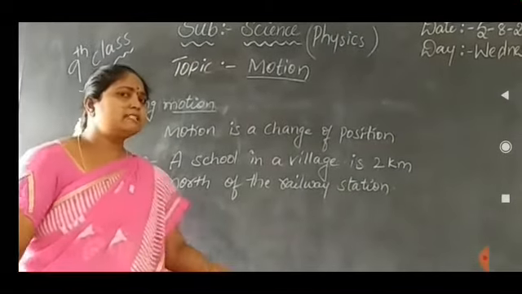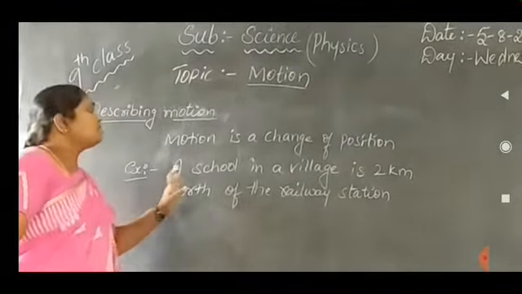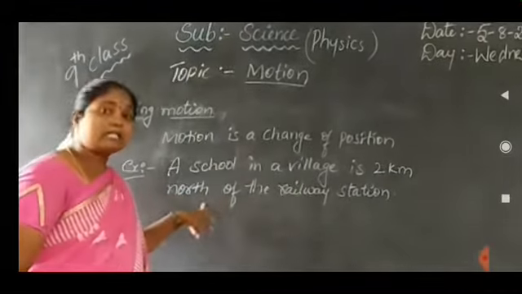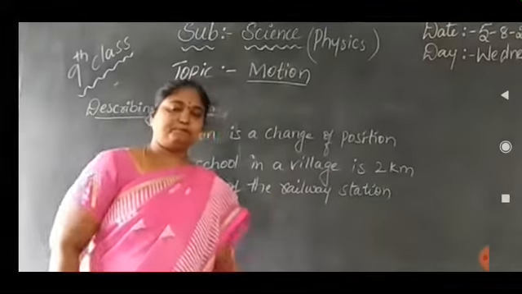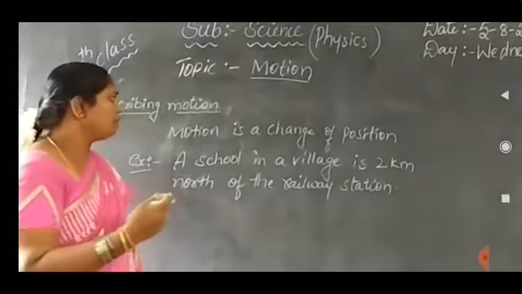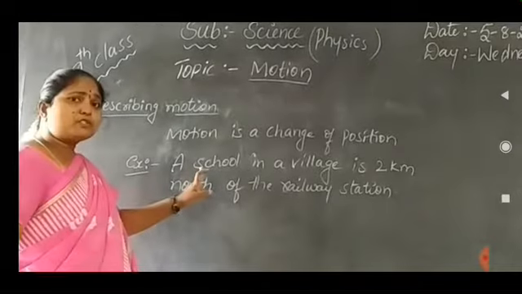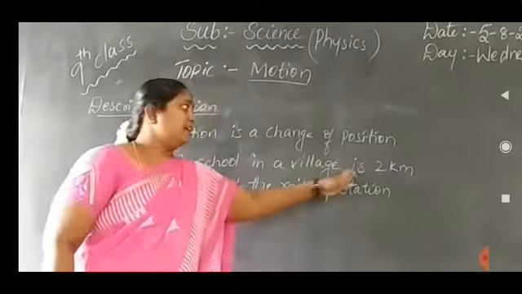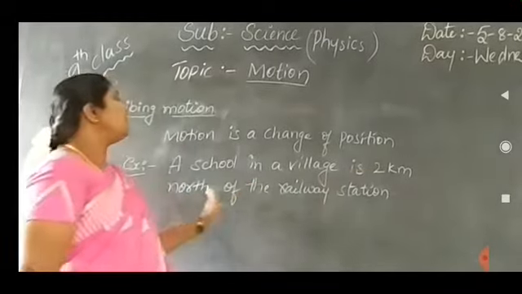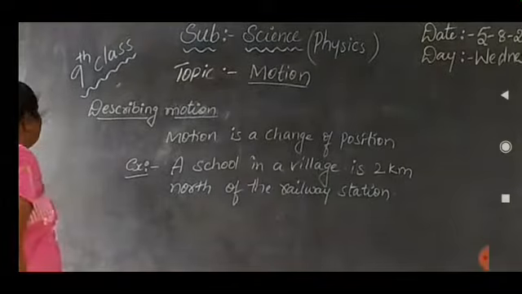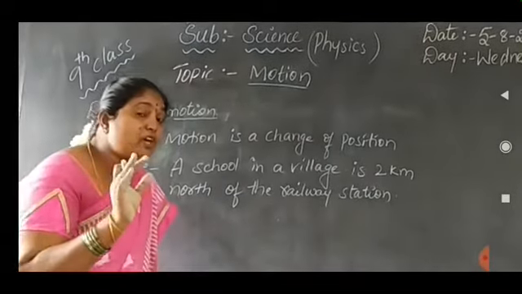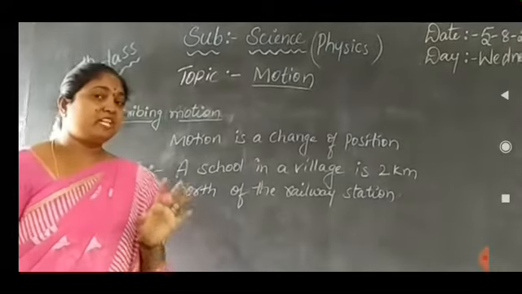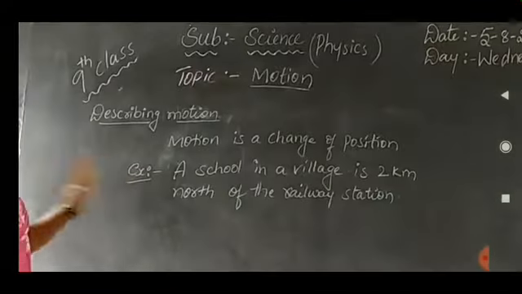Let me consider one example. A school in a village is 2 kilometers north of the railway station. So what are we going to tell here? Where is the school? In a village. In which direction is it, 2 kilometers? Railway station is the reference point.